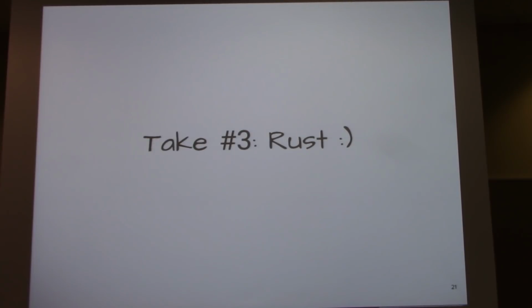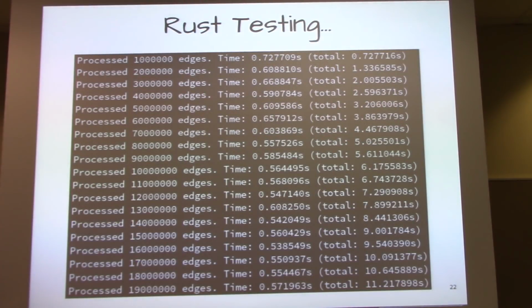In this talk, I'm not really showing any code, I'm just telling you about my experience. But I just want to show you how it gave me the performance that Java was giving, but without those problems. This is the loading time in Rust. You can see again, it's around 0.5 seconds per million edges.